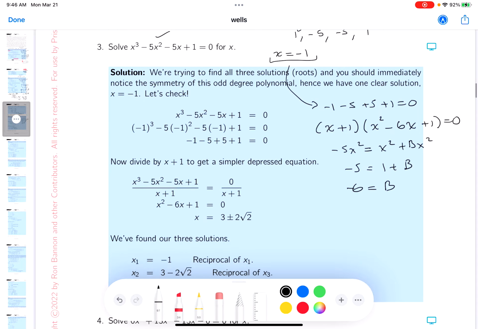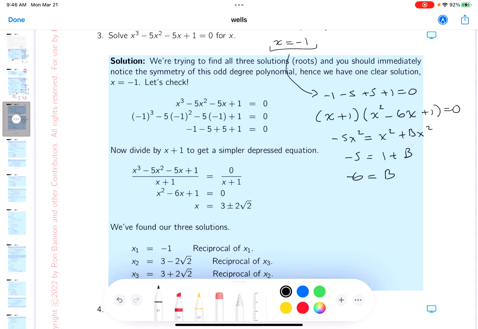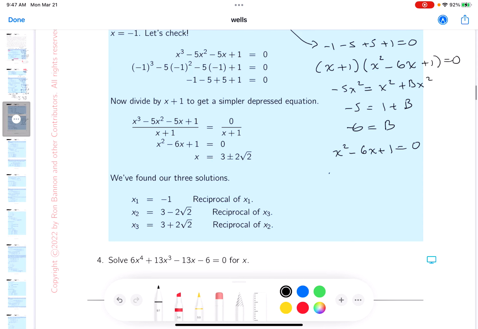All right, let's try to factor it. And looking at it, there's just no way I'm going to get that factoring using integers, so I'm going to use the quadratic formula. X squared minus 6x plus 1 equals 0. Let's write this down. X equals, let's see, 6 plus or minus the square root of 36 minus 4.